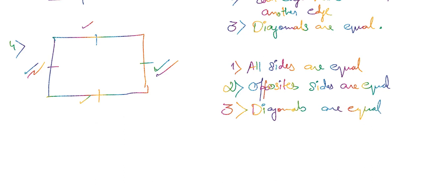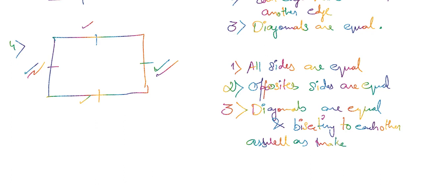The diagonals are equal, and they are also bisecting each other, as well as making 90 degrees at the point of bisection.